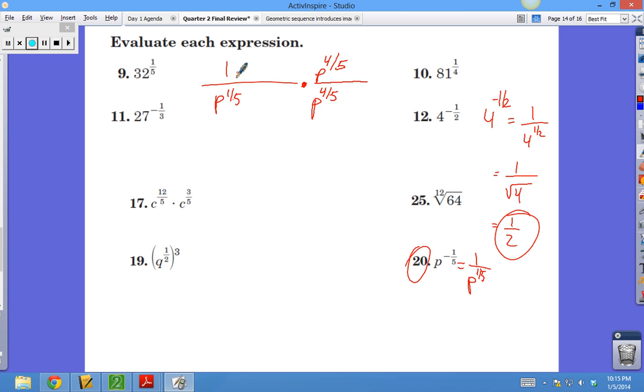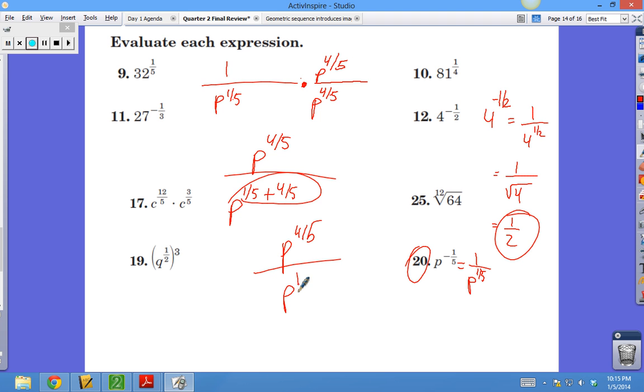So on top, 1 times P to the 4/5 is going to be P to the 4/5. But my bottom is going to be P to the 1/5 add 4/5. And that is not a fraction anymore. That's a whole number. So my top is going to be P to the 4/5. My bottom is just going to be P to the 1. And that is legal. That's totally fine.